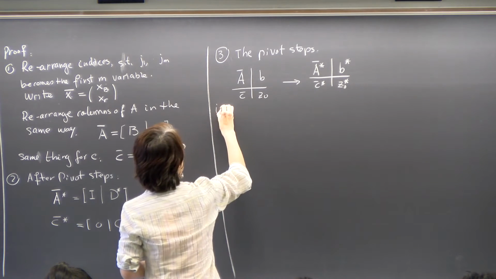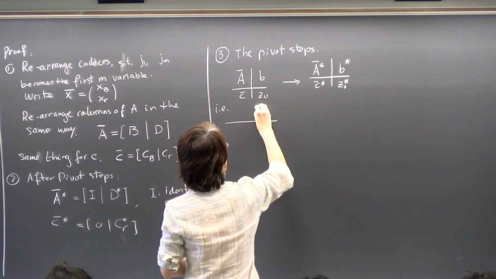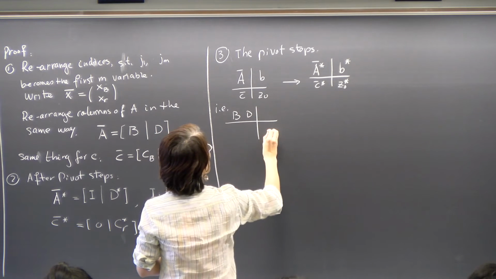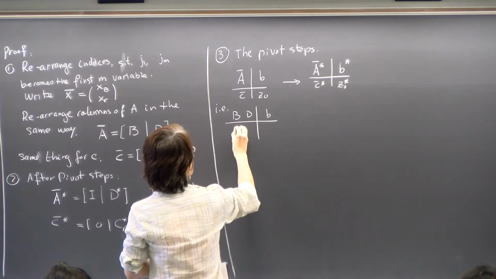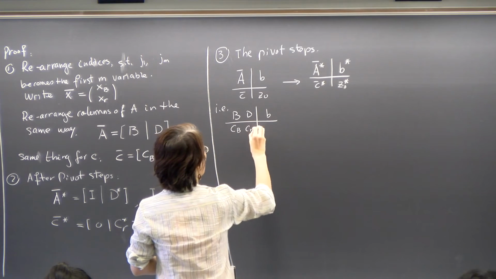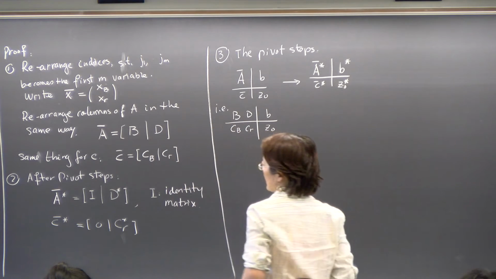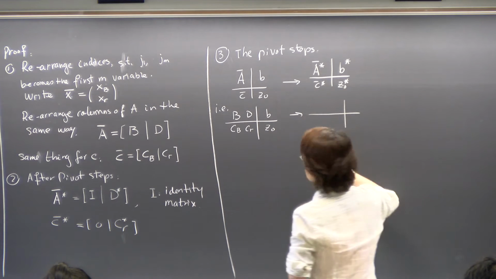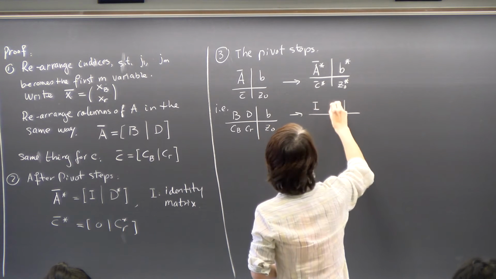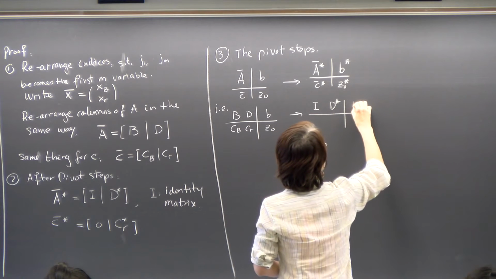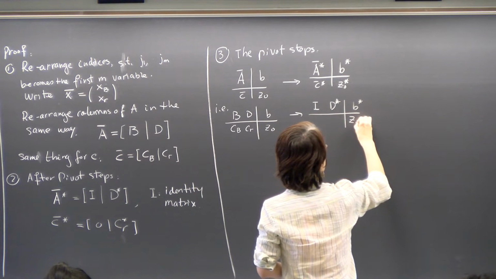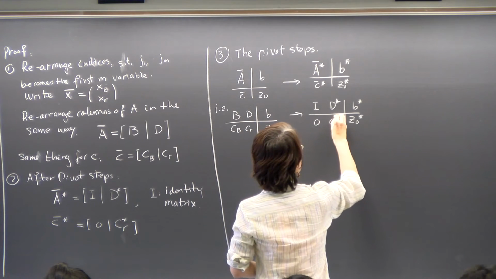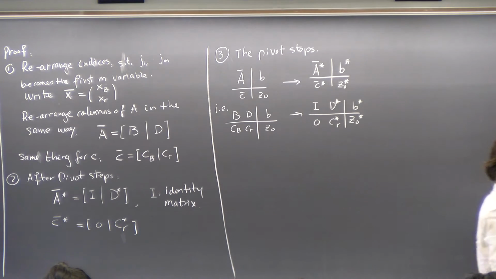So let's write in some detail. A bar, let's write out two matrices. A bar is just B and then having D next to it, right? And C bar is CB, CR, and Z0. So meaning this, after the pivot, ends up into the following. I have identity here, and I have this D star. The right-hand side is unchanged. And for the C, I have 0, and I have C star bar. Just write that out.